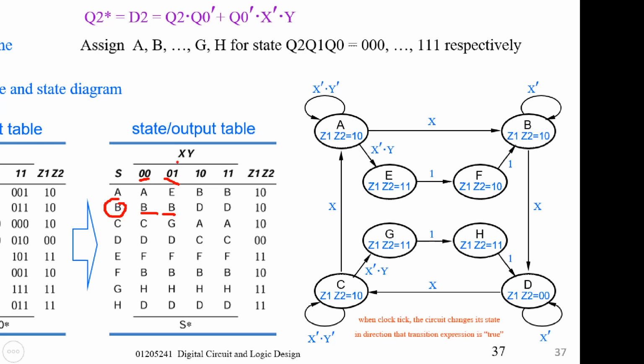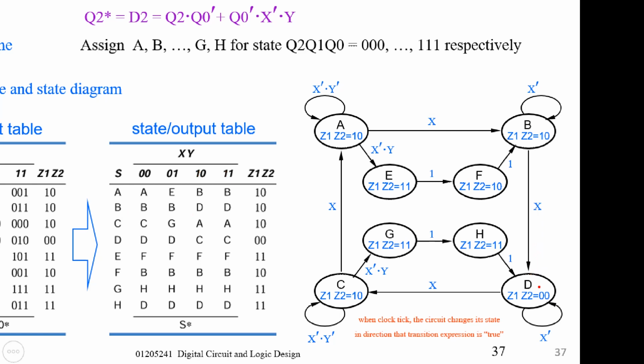That means when x is 0, so you can write x prime at this arrow. And from B to D, when x, y is 1 0 or 1 1, so when x is 1, B will go to D.